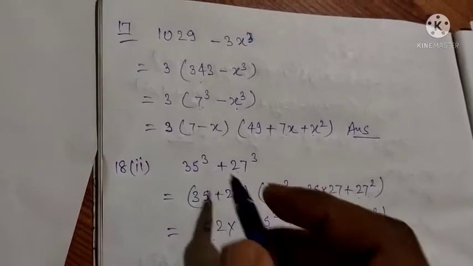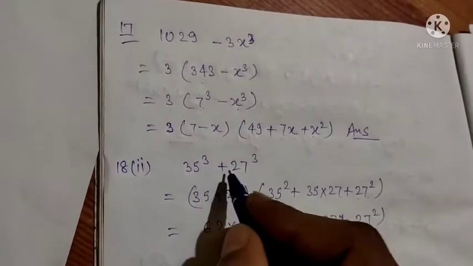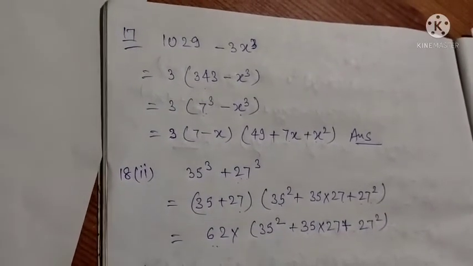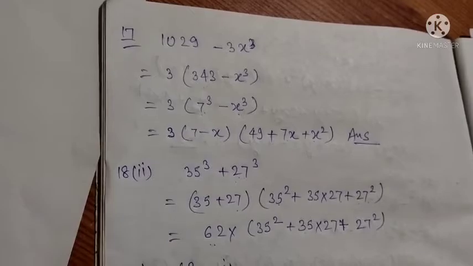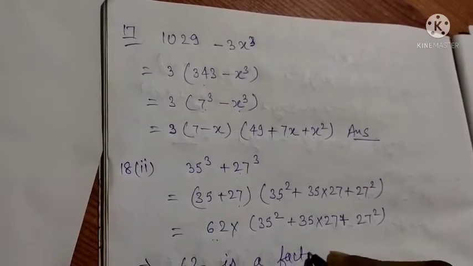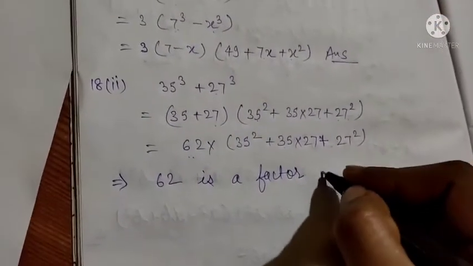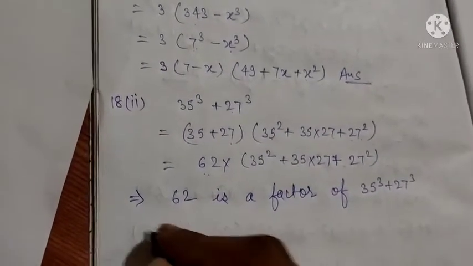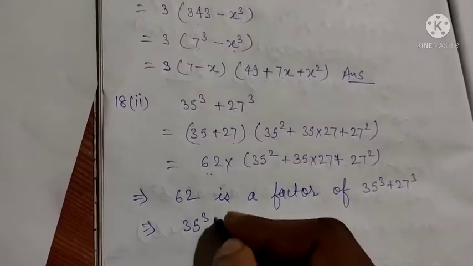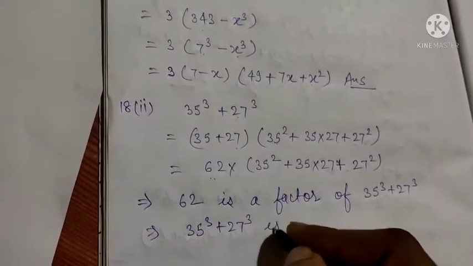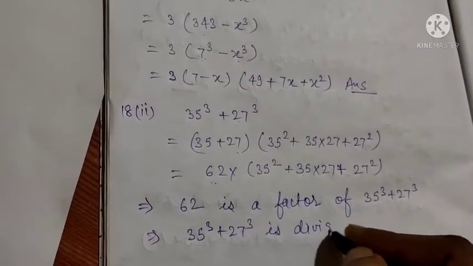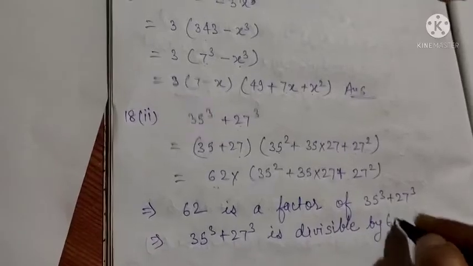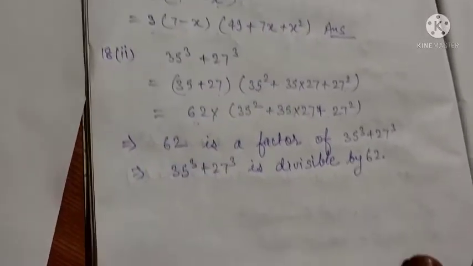Since 62 is a factor of 35 cube plus 27 cube, hence it will be divisible by 62. So we can write that 62 is a factor of 35 cube plus 27 cube. That implies 35 cube plus 27 cube is divisible by 62. You have your answer.